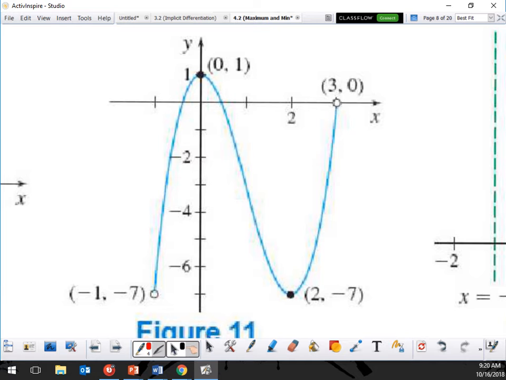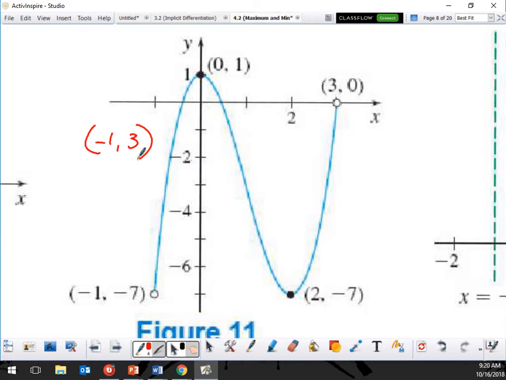Where am I starting? Negative 1 and I'm ending at 3. I'm only looking at the x values. So it's -1 to 3, but how am I going to close that in? Parentheses. They're holes. Very good.